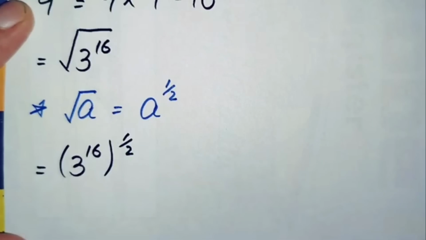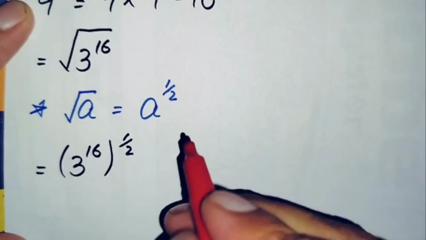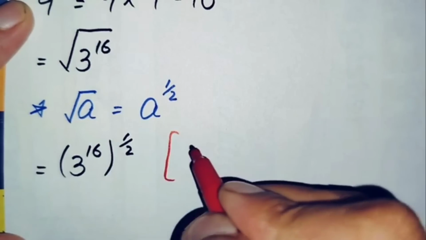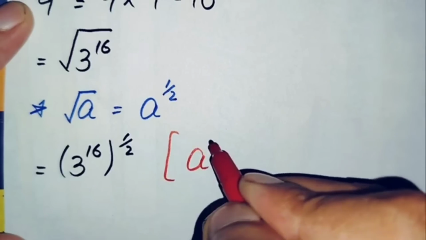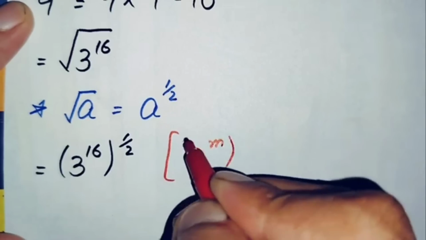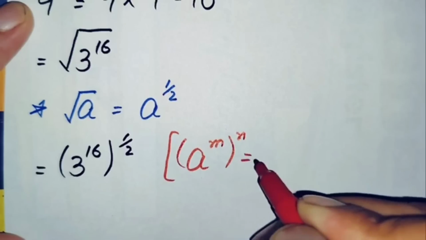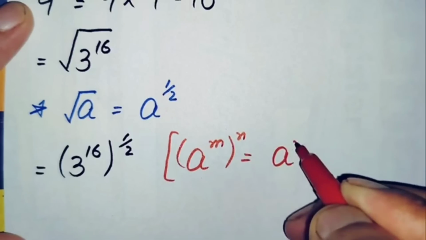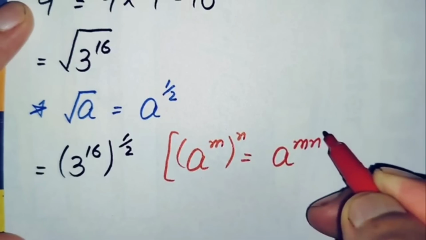Now here in this step we will use an exponential math property, and we will multiply the powers with each other. A raised to power m whole raised to power n can also be written as a raised to power m times n.